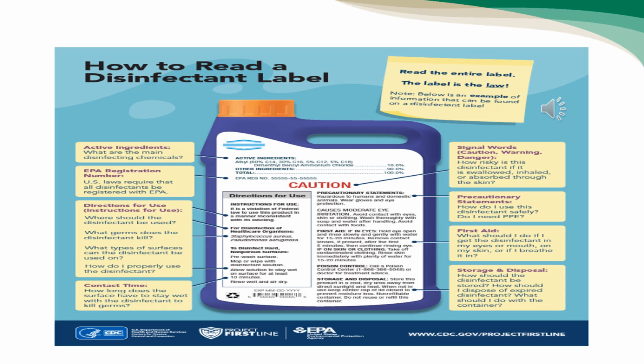How to read a disinfectant label? With every disinfectant, there is a material safety data sheet, or MSDS, which is a document provided by the supplier or manufacturer of a chemical product that contains information on the product's potential hazards, health, fire, reactivity, and environmental, and how to work safely with it.